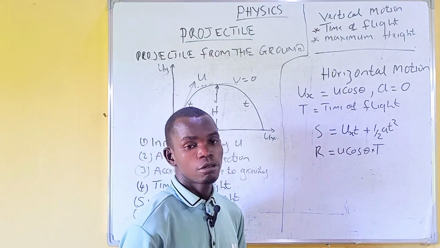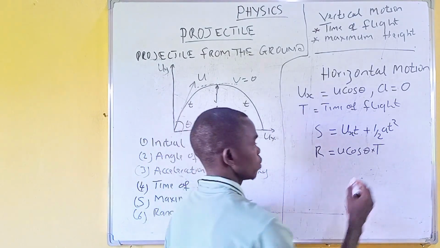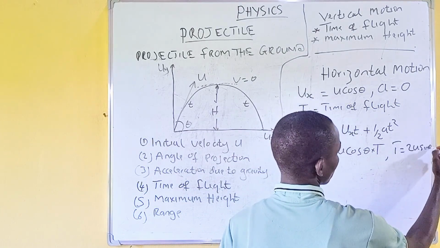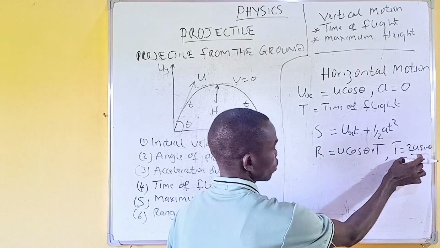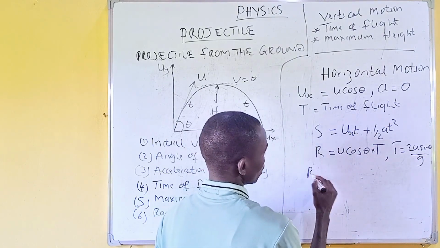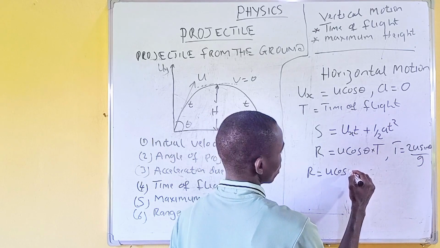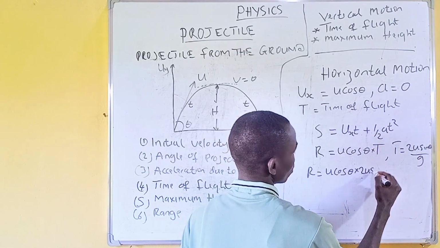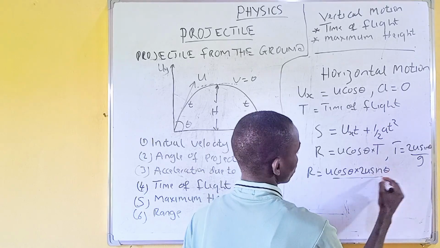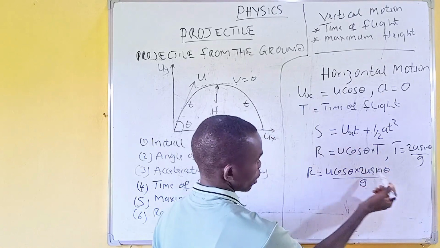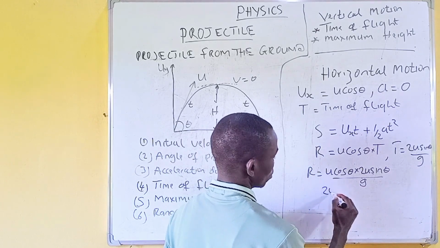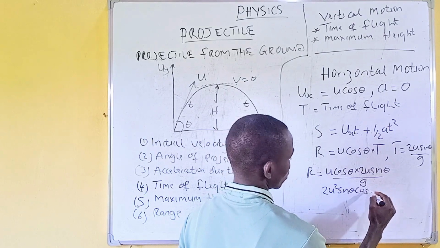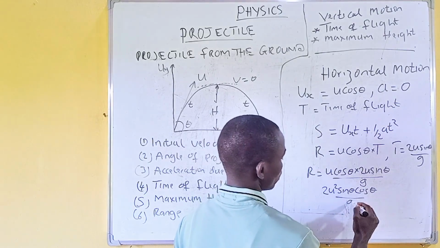And from our previous derivation, time of flight is equal to 2u sine theta over g. So when you put this into the equation, range will now be u cos theta times 2u sine theta all over g. So this times this now gives you 2u squared sine theta cos theta over g.